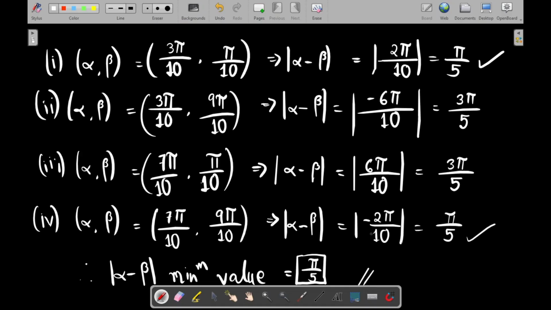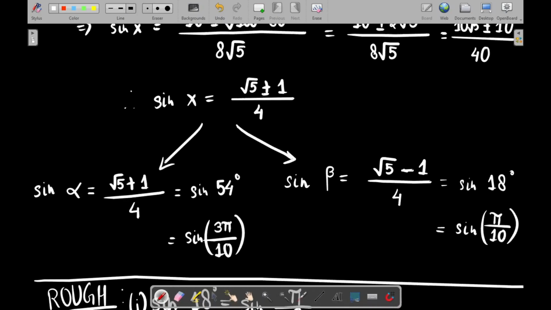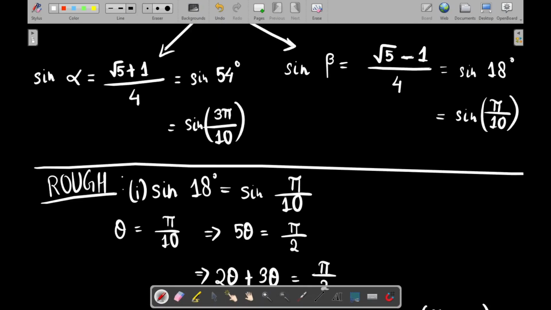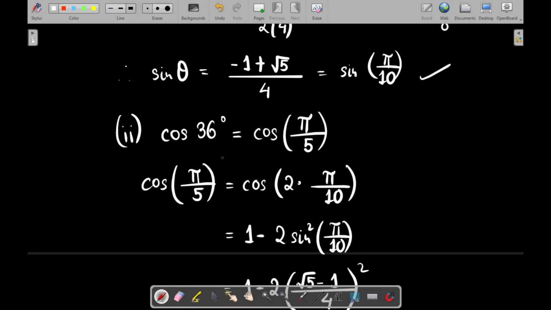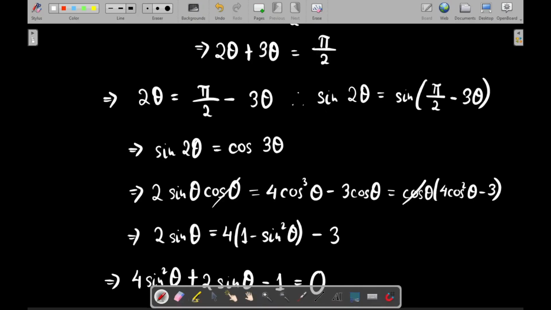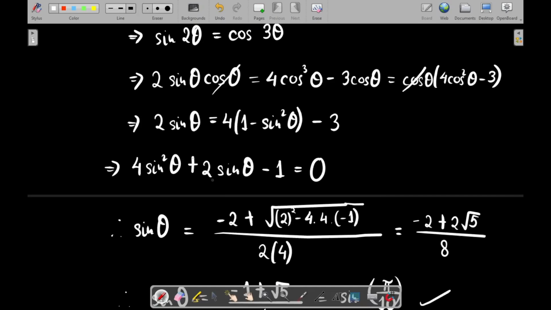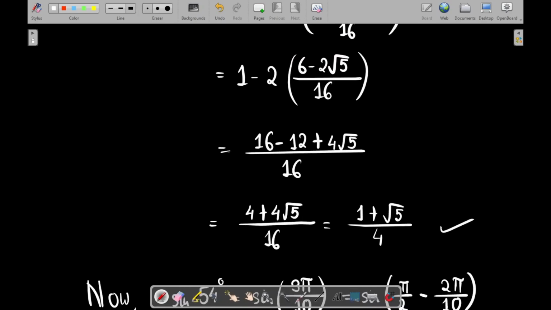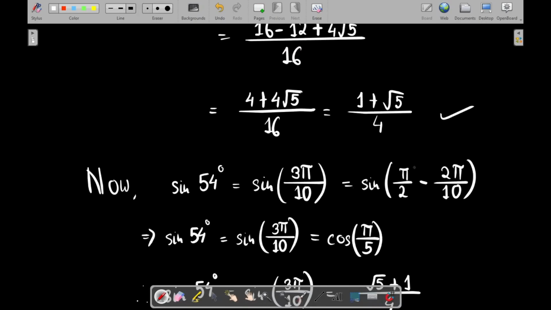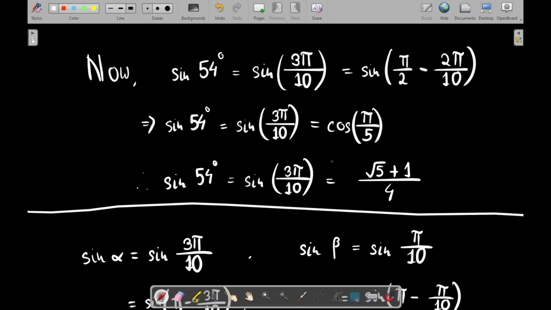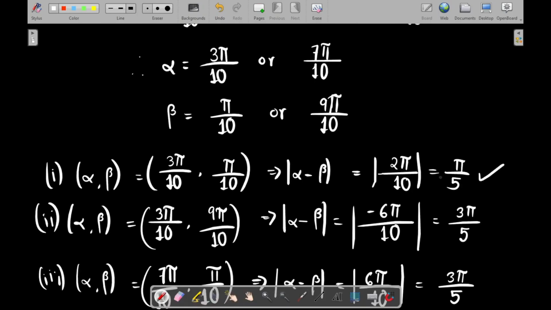I know this was a very lengthy video. If you know the values of these two angles, you can skip this entire part. But if you don't know these values, then you can see this part once and use it. If you know this, it is very good. You can do this directly, and it will save us some time.